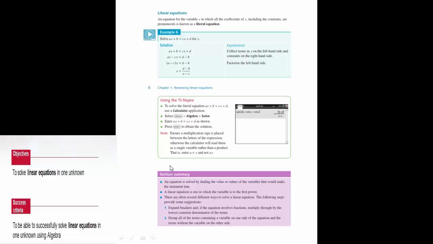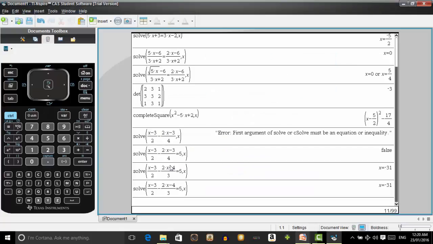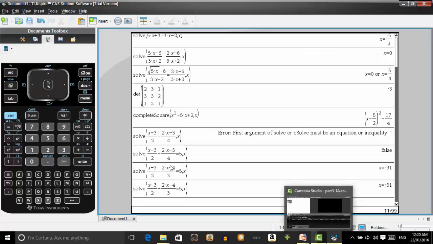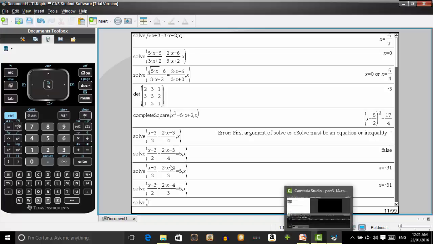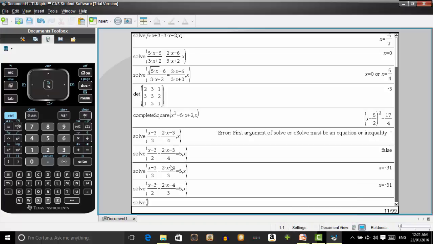Alright, if we wanted to solve this with the calculator, let's do that now. Now there's also another way you can put solve. You can get it from the menu, or the software is smart enough, even on the calculator, if you put solve and put bracket, it puts the other bracket, it understands that this is the actual solve function.